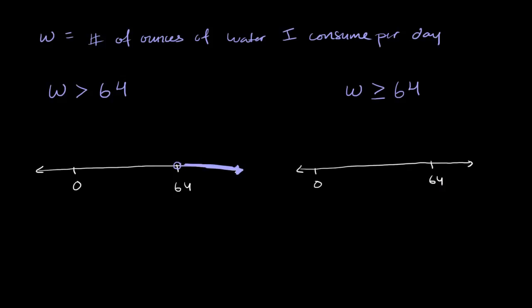Well, now it's okay if I drink exactly 64 ounces. So I'm going to fill in the circle now. Here I opened it because 64 was not a cool number. Now 64 is completely okay. I can drink exactly 64 ounces of water in the day or more. And then I just go up the number line just like that.